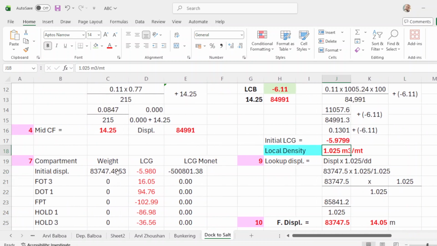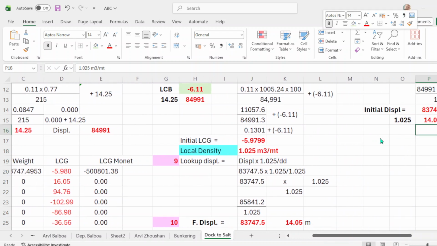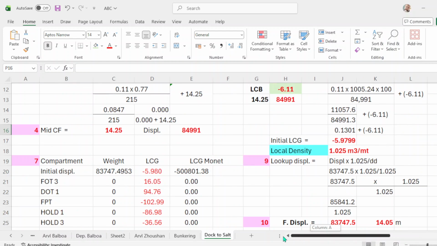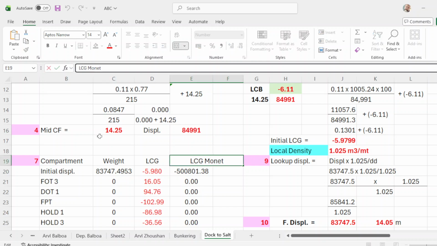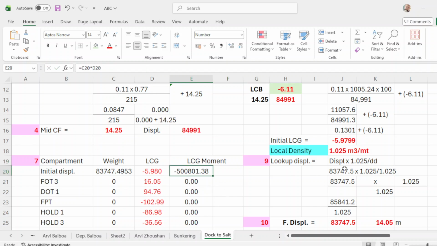This is your initial displacement, which is 83747. And your initial LCG is negative 5.98, which is run off of this one, initial LCG. So your initial displacement times your LCG is your initial LCG moment. Okay, moment.